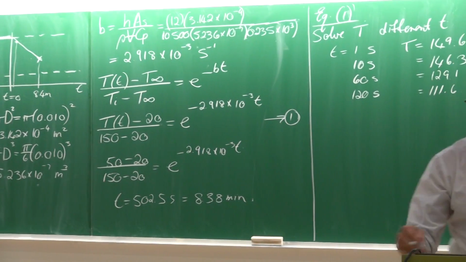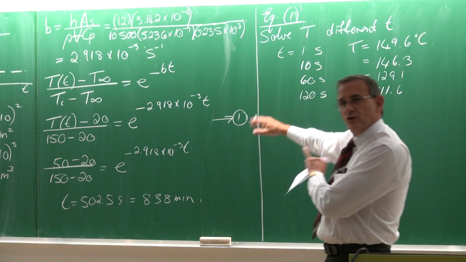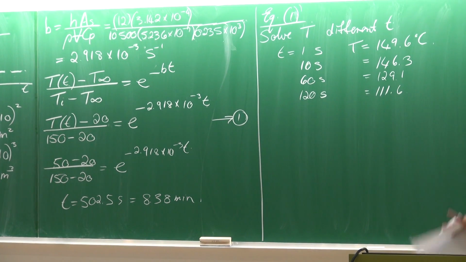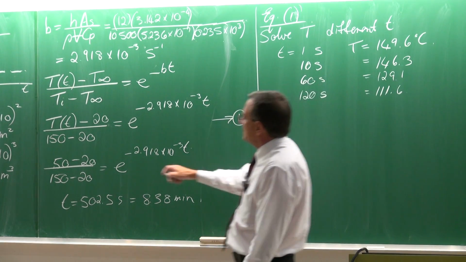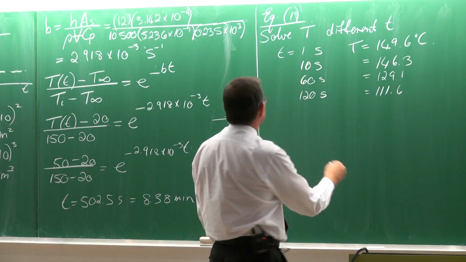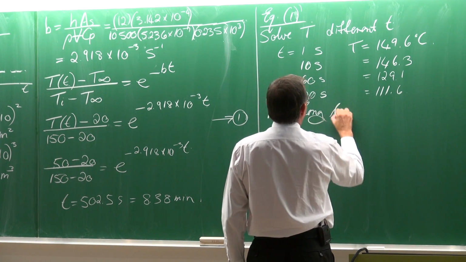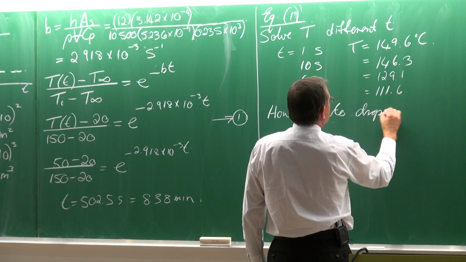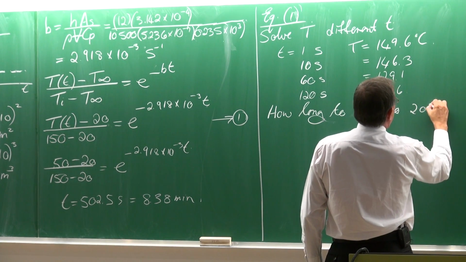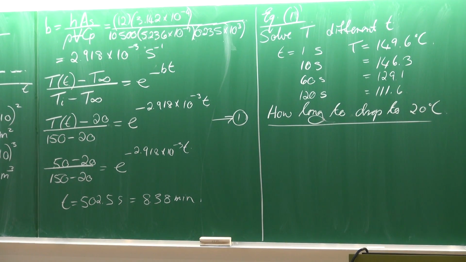Okay, now I did put this equation into my program for these calculations, and I wanted to check how long it will take for the temperature to drop to 20 degrees Celsius. Any guesses?